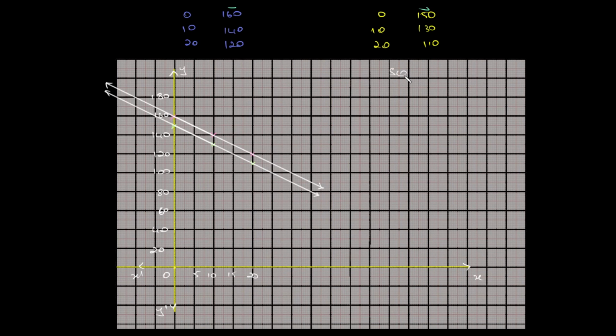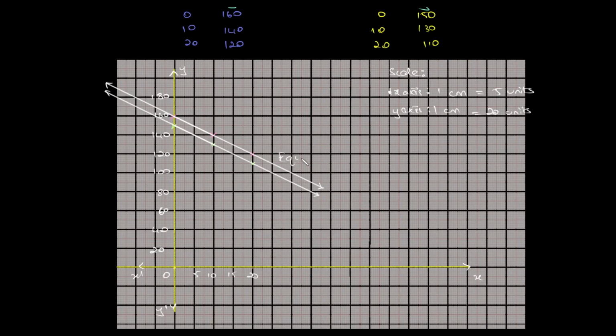So we need to write the scale. Along the x-axis, each centimeter is equal to 5 units, and along the y-axis, each centimeter is equal to 20 units.